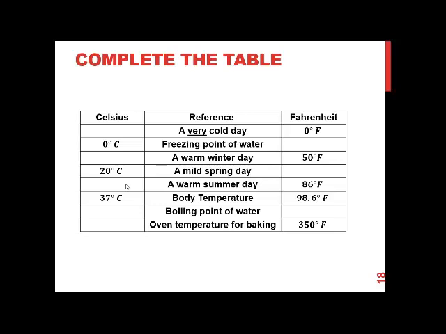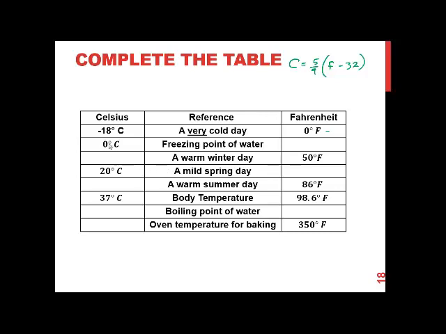So let's look at this table. A very cold day would be 0 degrees Fahrenheit. And if we use our conversion formula, Celsius equals 5/9 times Fahrenheit minus 32. So we'll take 0 minus 32, that gives us negative 32, multiply it by 5/9, and we get about negative 18 degrees Celsius.